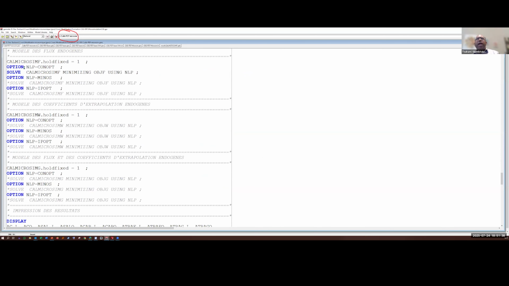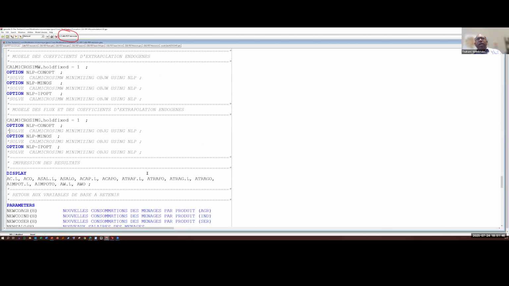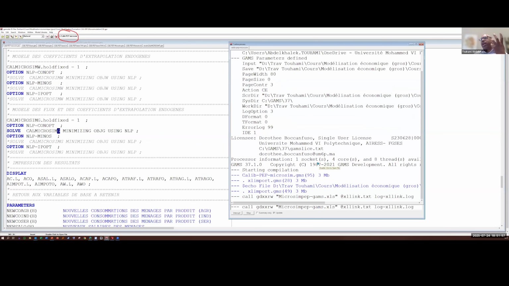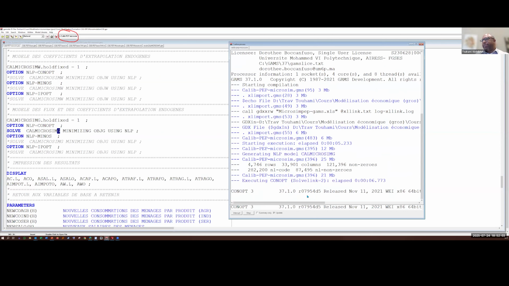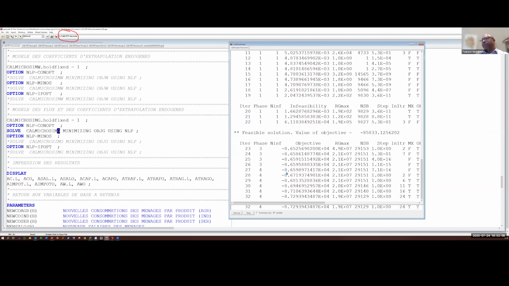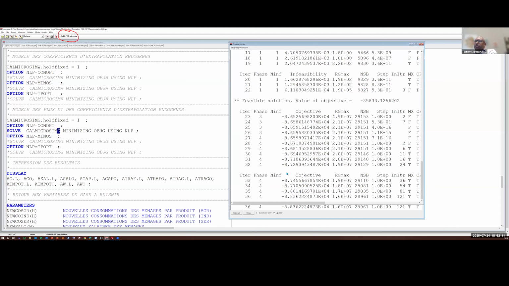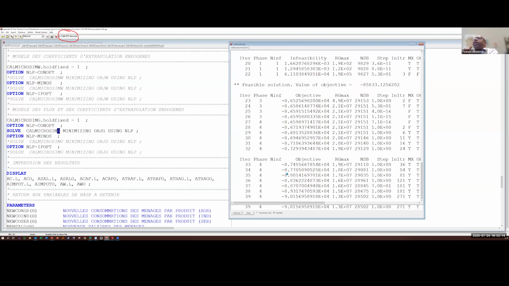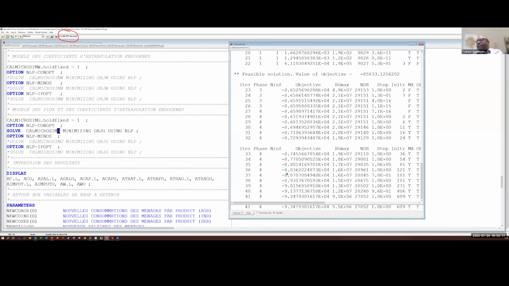Here, I stop the resolution when we have inflow, but I will solve the biggest one when we have more than this variable, because I am solving the big model where the weights are changed with flow. It will take more time. Here we have a feasible solution. So we must be optimistic that it wants to find a solution.